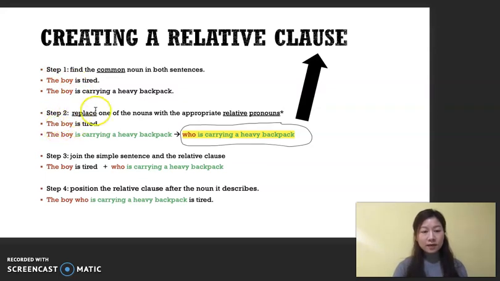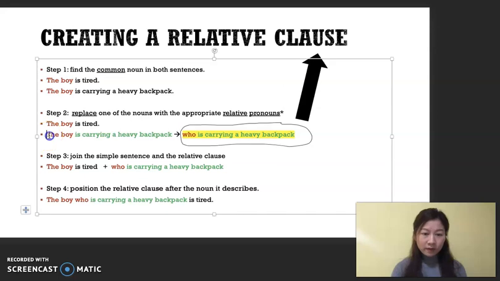Step 2 is that we need to replace one of the nouns with the appropriate relative pronouns, which I will elaborate on later. So the boy is tired. The boy is carrying a heavy backpack. Let's choose this one for now to change into a relative clause.